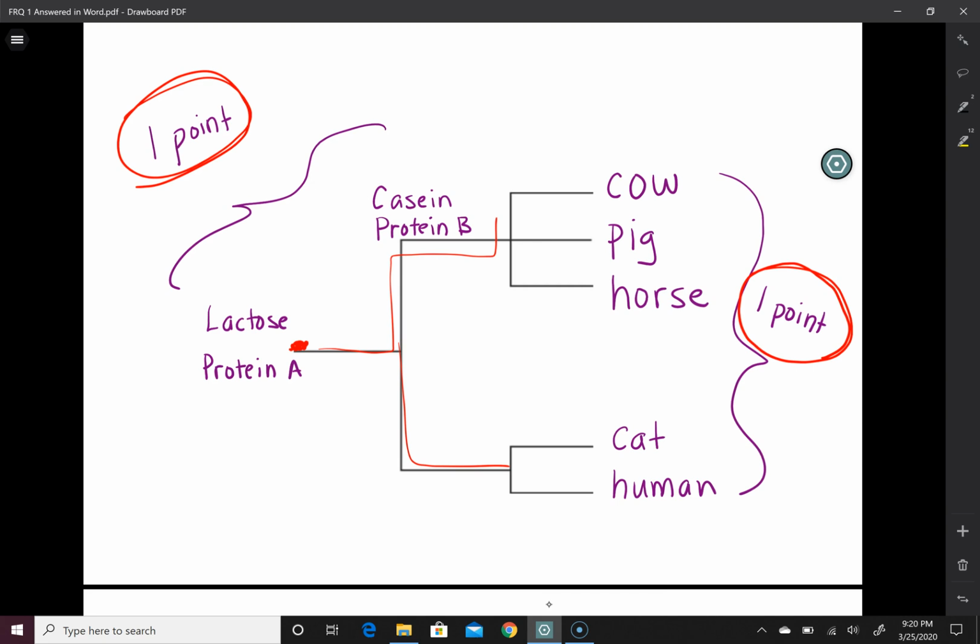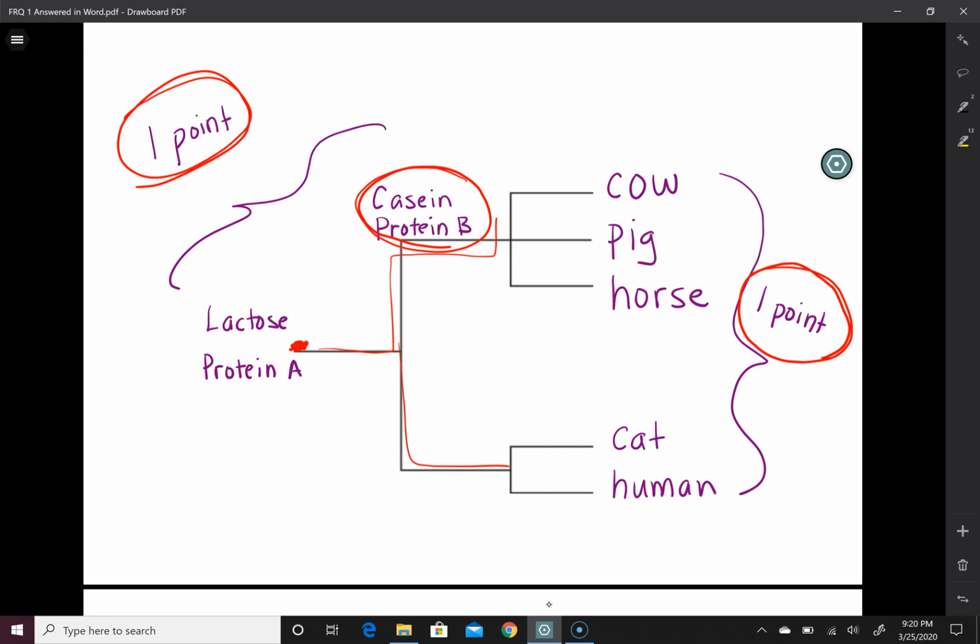But the casein and protein B, only the cow, the pig, and the horse have that. So that's why this got placed on that line or at that branch in the evolutionary process. Cats and humans do not have that ability. So that's where your second point came from. And most people lost it because they did not label that branch. And again, it's always better to be safe than sorry.